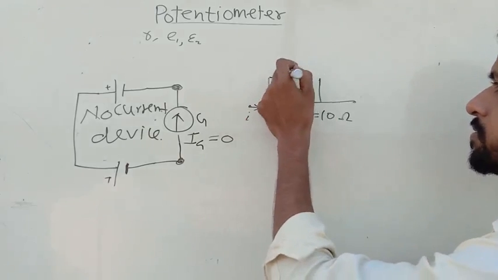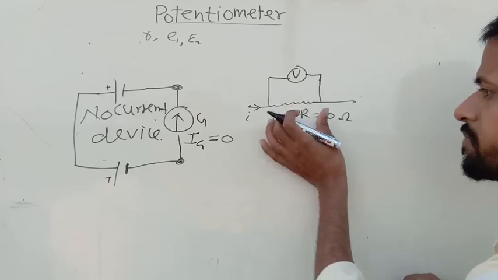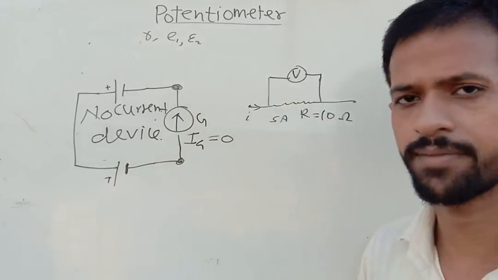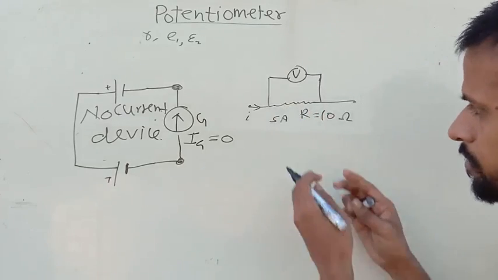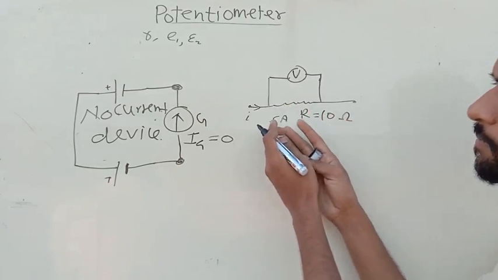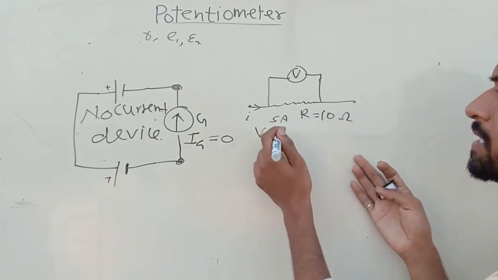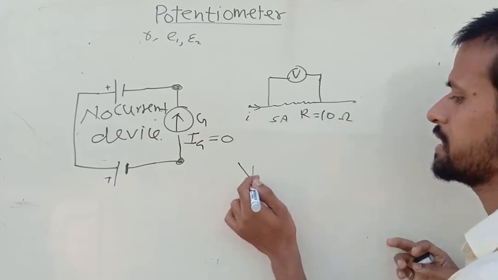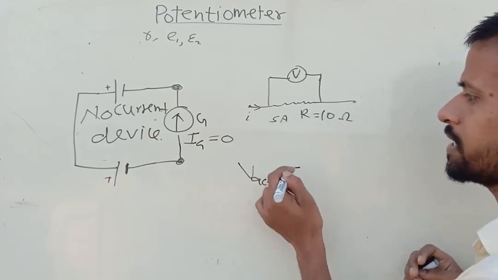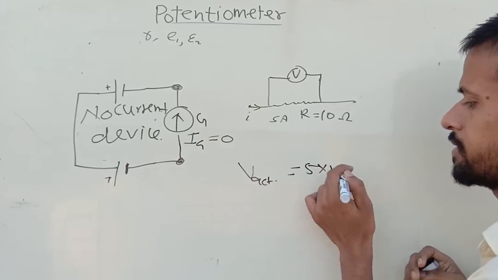For calculating the potential difference across this, we put a voltmeter. Actually, if 5 ampere current is flowing in this and the resistance is 10, then V is equal to 5 into 10.